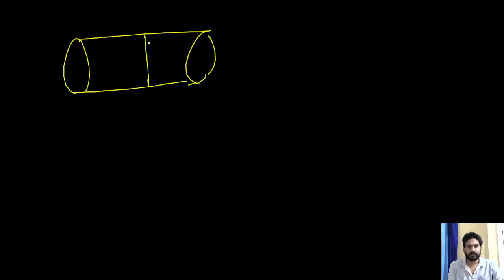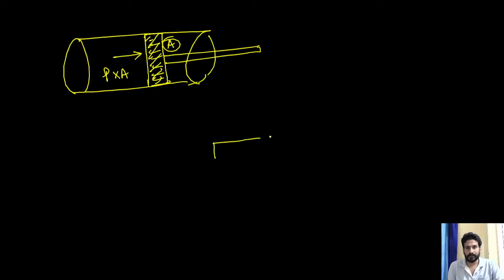See, let's suppose this is my piston, right? Area of the piston is A. Let's suppose pressure is my P, and what is the force? Force is the pressure into area. So this piston is having a force.